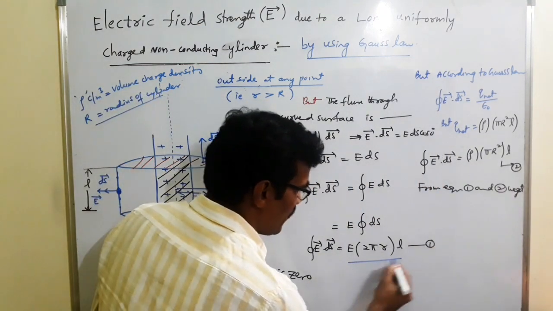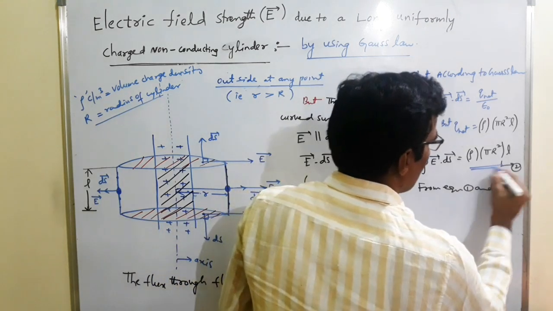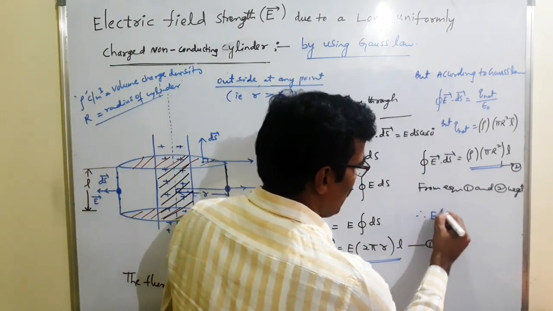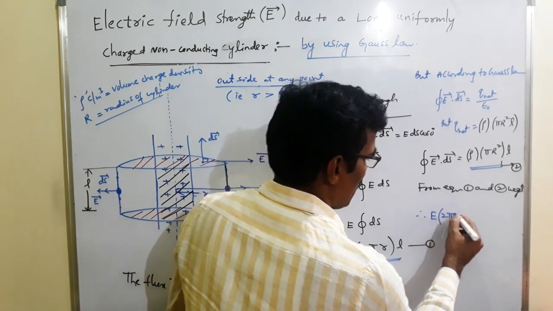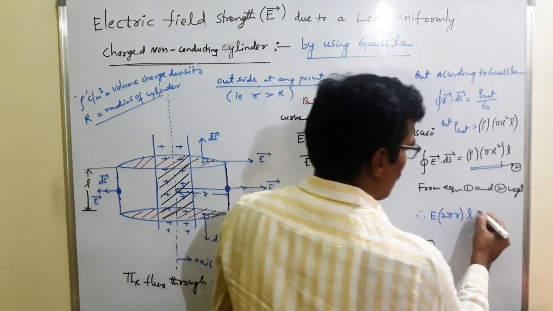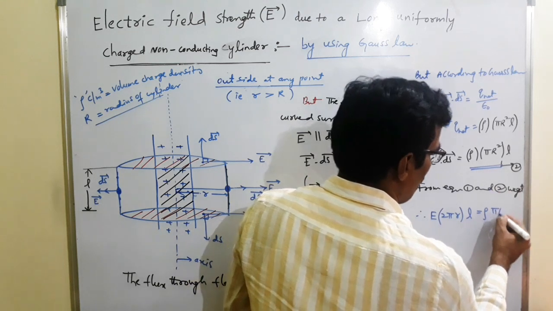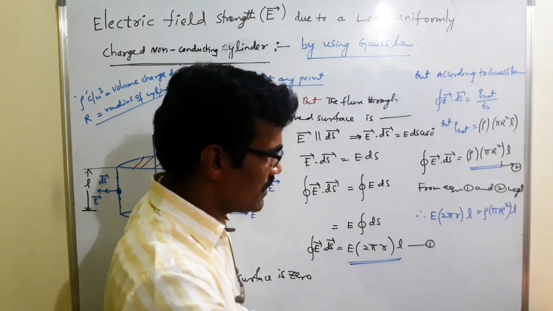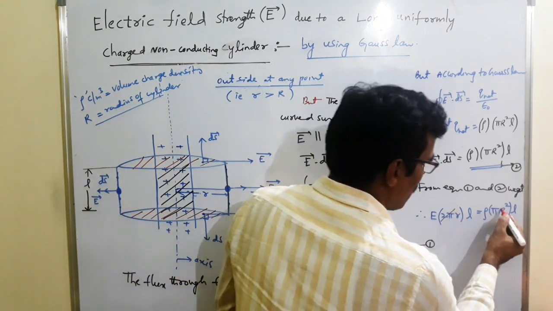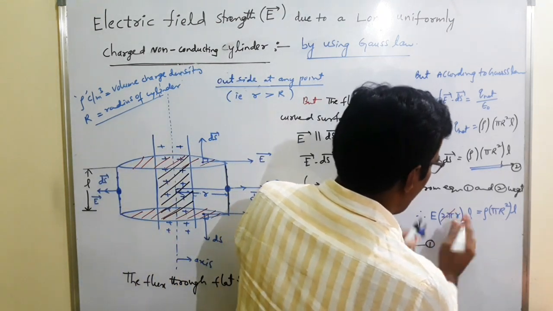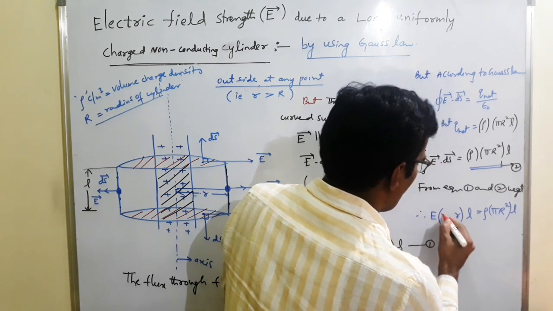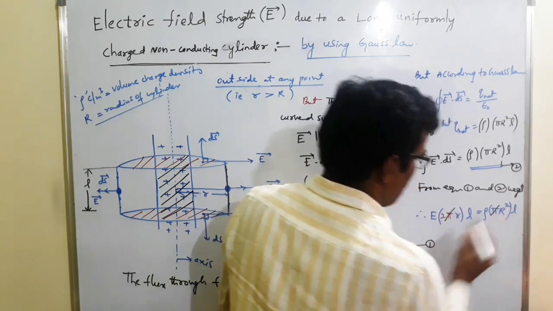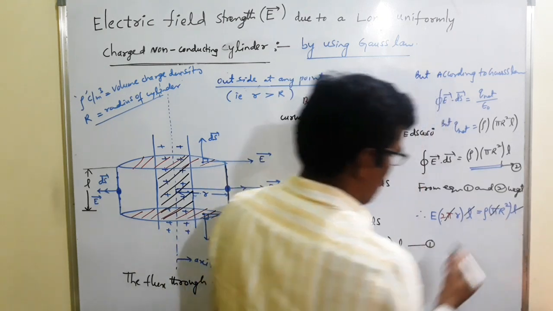Equating equation 1 and equation 2, we get E into 2 pi r L equals rho into pi r square L by epsilon naught. Here pi cancels and L cancels.